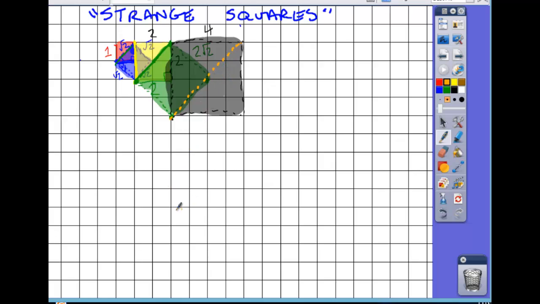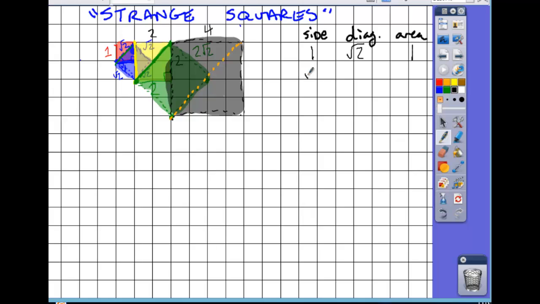Okay. Now, at this point, maybe we've started to notice a pattern. Let's say we have the side of the square, the diagonal, and the area. So let's make ourselves a table. The side was 1, diagonal was square root of 2, area was side times side, 1 times 1 was 1.